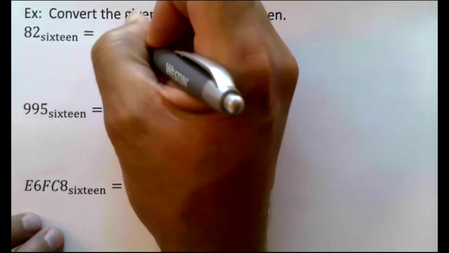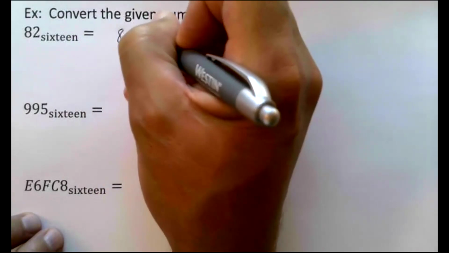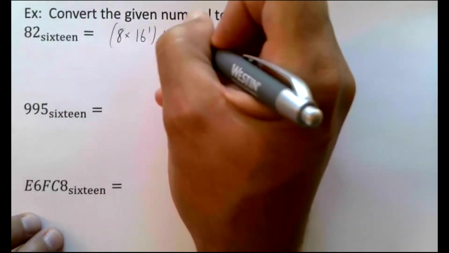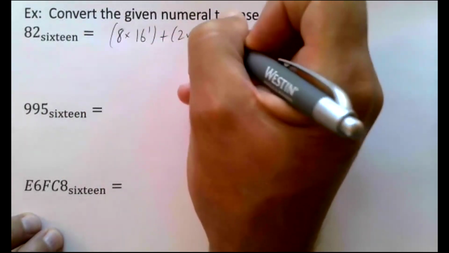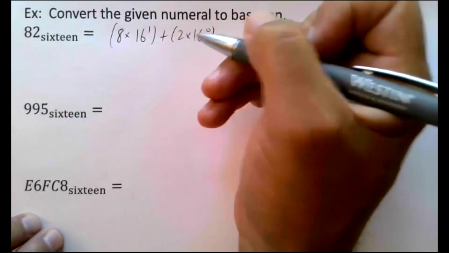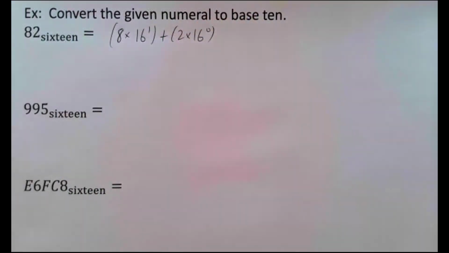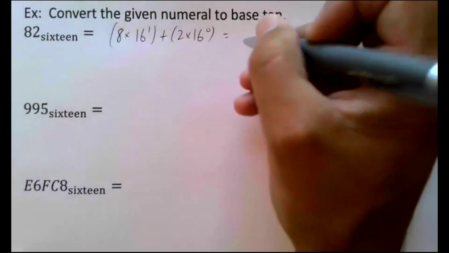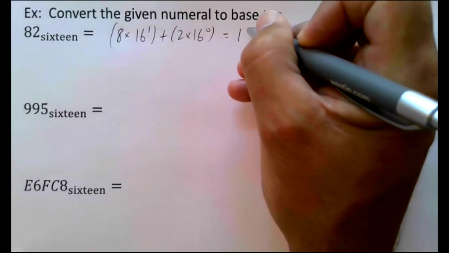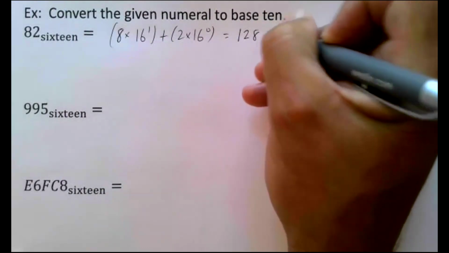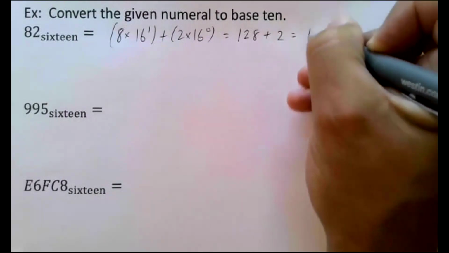Okay. So when we see 82 base 16, that means 8 times 16 to the first power plus 2 times 16 to the 0 power. Eight times 16 is 128. 2 times 1 is 2.